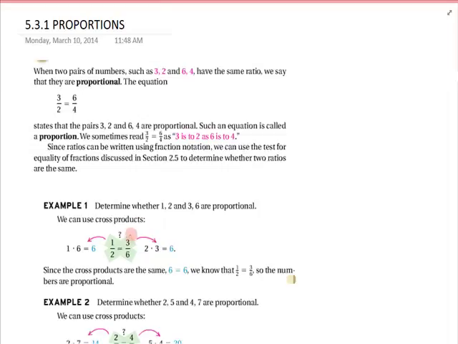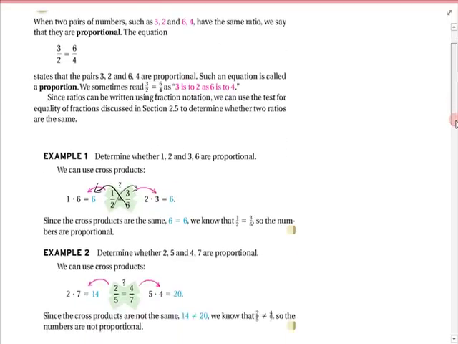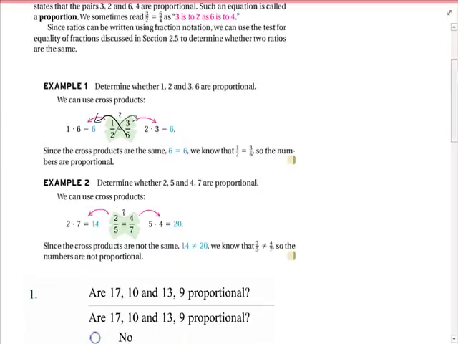We just weren't calling them ratios, and we weren't calling the statements proportions. If you look at the cross product, 6 times 1 or 1 times 6 is 6, and you look at this cross product, 2 times 3 is 6. If the cross products are the same, then the ratios are proportional.